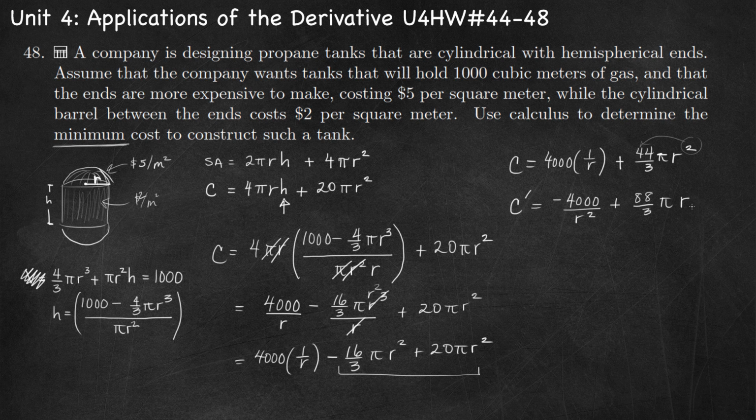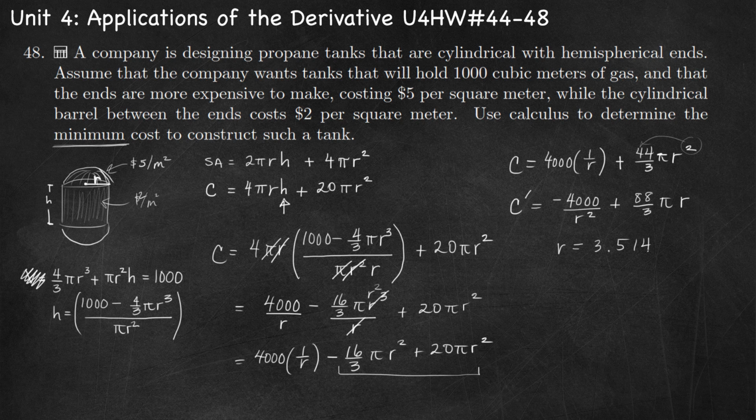Now if we're solving without a calculator, I would want to get a common denominator, so I would multiply the second term by r squared over r squared and write this as one fraction. But this is a calculator active question, so we can get our critical value using the calculator.